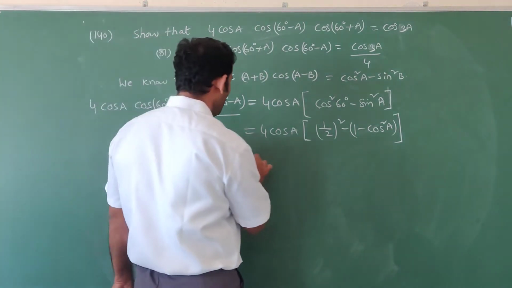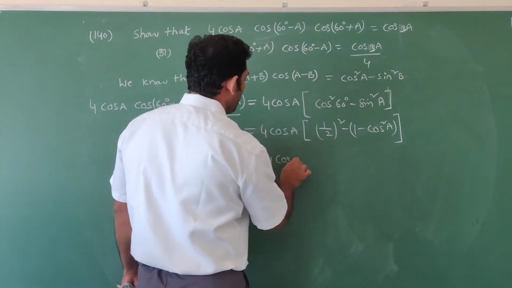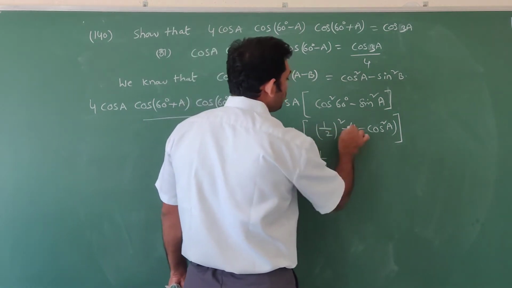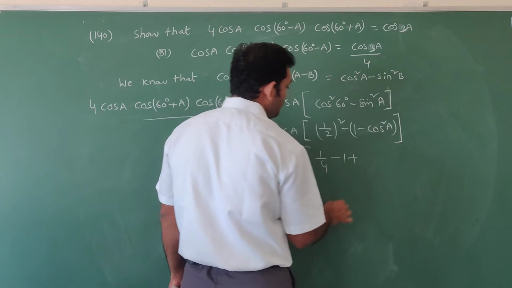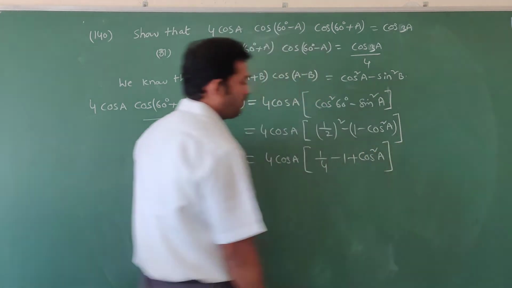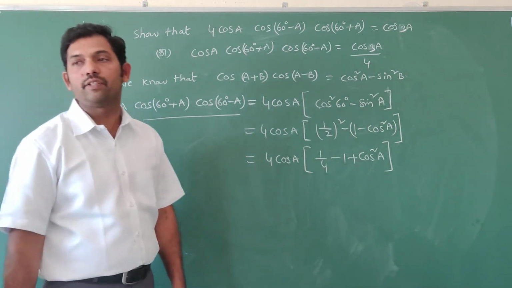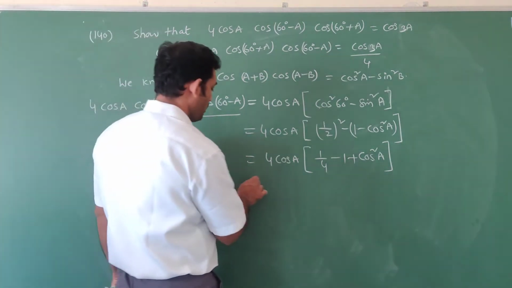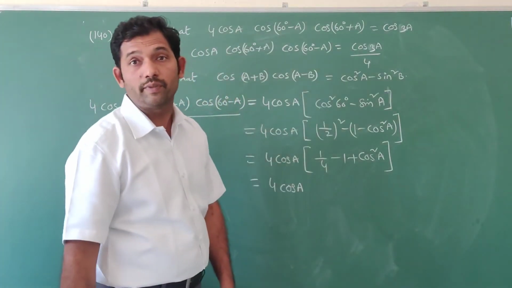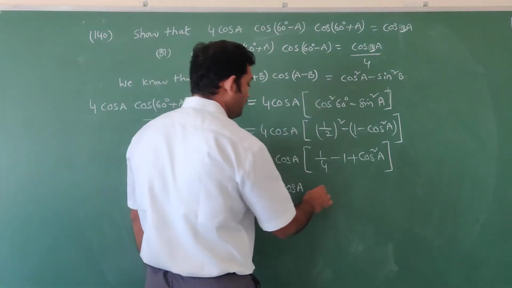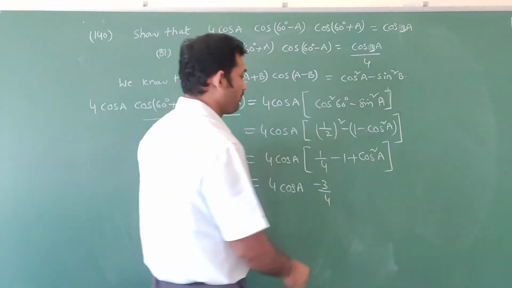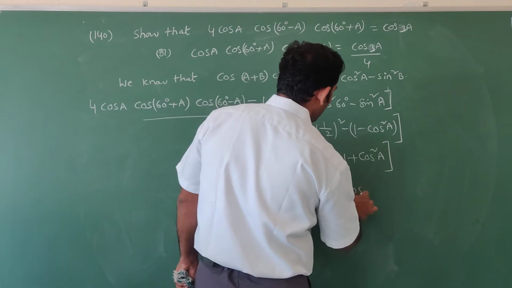So now 4 cos A bracket 1 by 4, again multiply with minus 1 plus cos square A. 1 by 4 minus 1 means how much? Minus 3 by 4 plus cos square A.